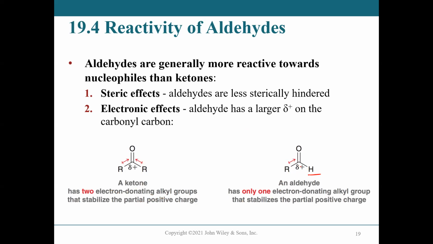As a result, aldehydes are more electrophilic. That means they're going to want to take those electrons from the nucleophile, aren't they? So if we have a nucleophile, they're going to really eat that up.